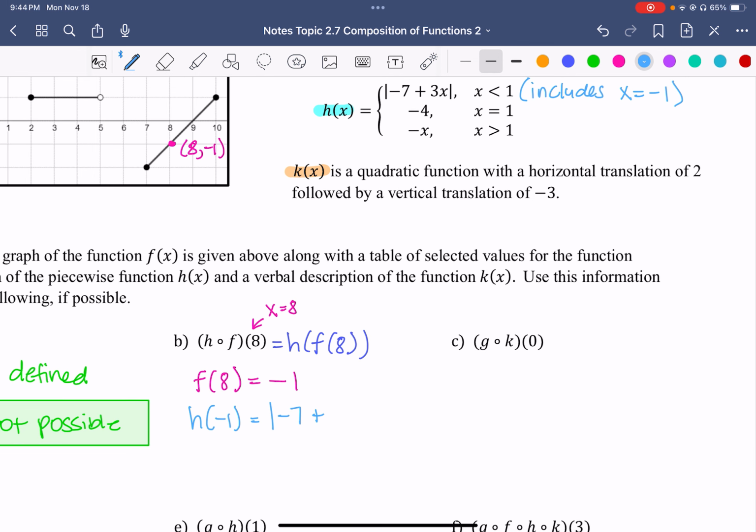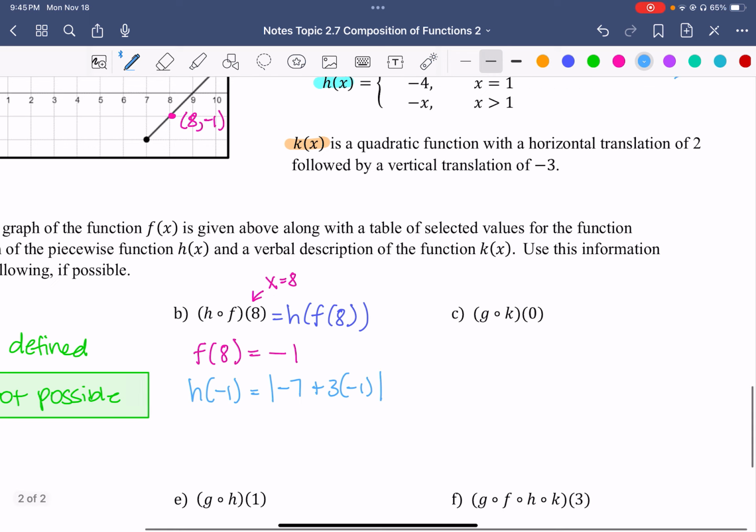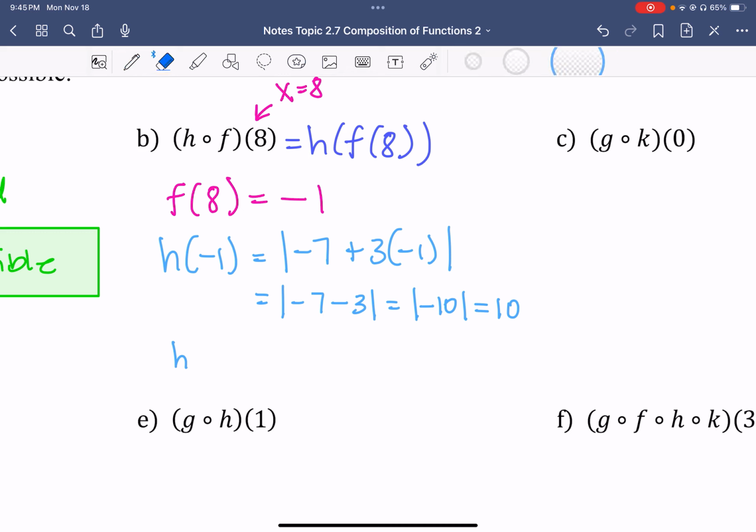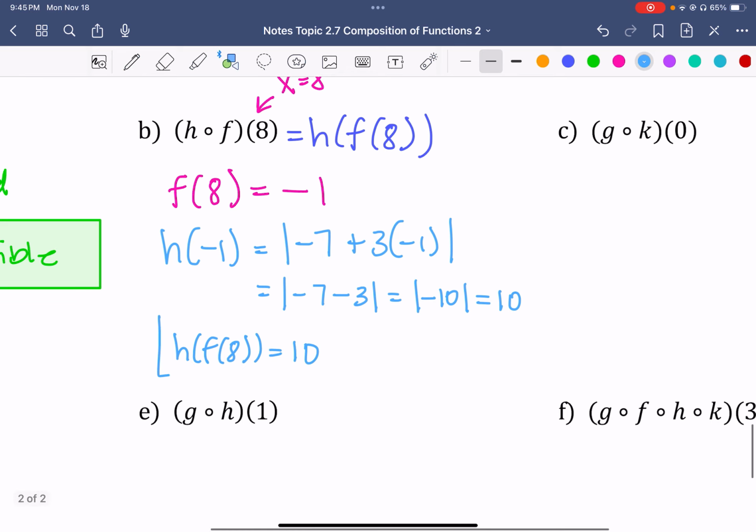So -7 plus 3 times -1, parentheses first, -7 minus 3 becomes the absolute value of -10. And anything inside the absolute value always becomes positive, so it will be positive 10. So h of f of 8 is positive 10.